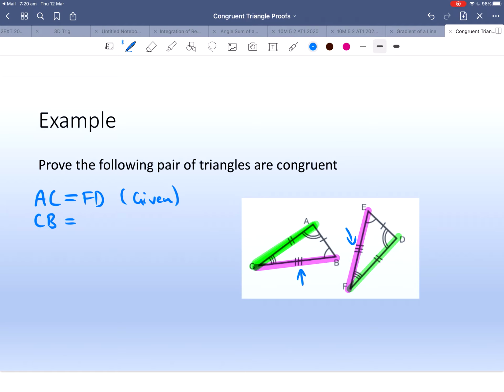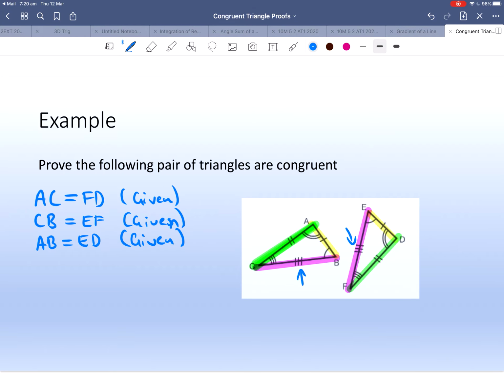CB is equal to EF, and that's also given in the question, all right? Given. And then the last one is this one. We're given that this line AB is the same as ED. All right, let's go for it. So AB is equal to ED, and that's also given because the diagram shows it to us.